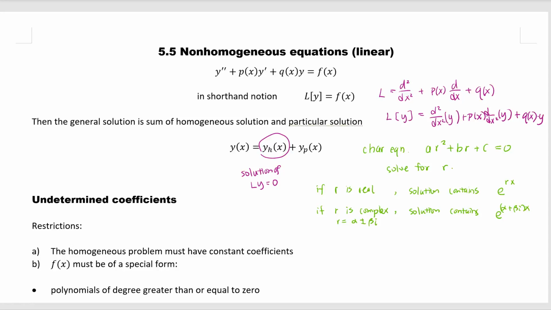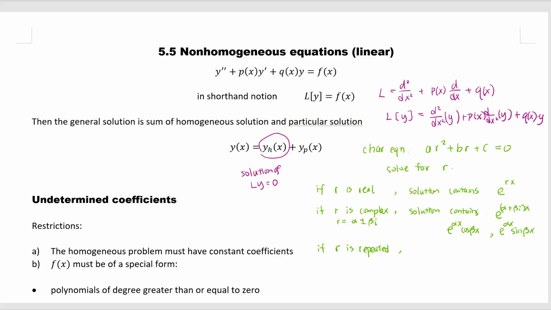So instead of writing that, the solution will contain e to the alpha x cosine beta x and some terms of e to the alpha x sine of beta x. Okay, and what happens if r is repeated?